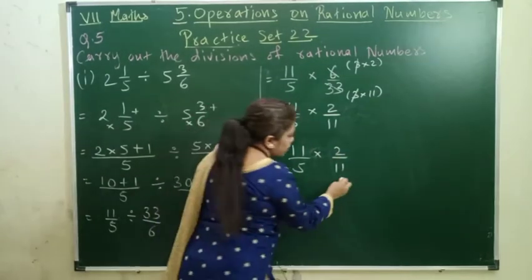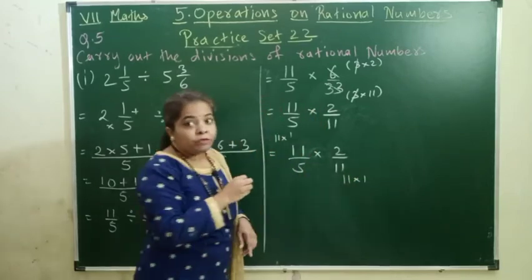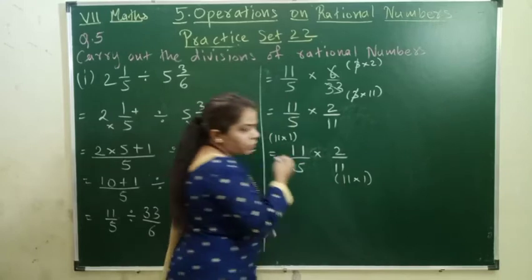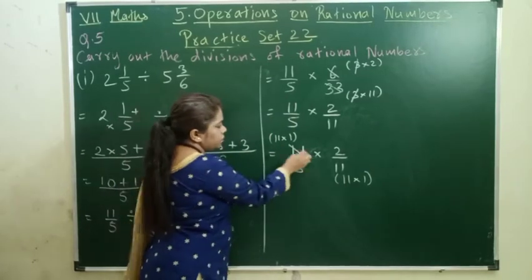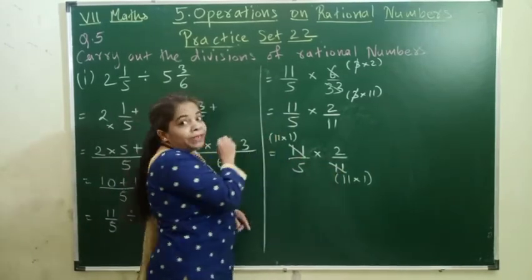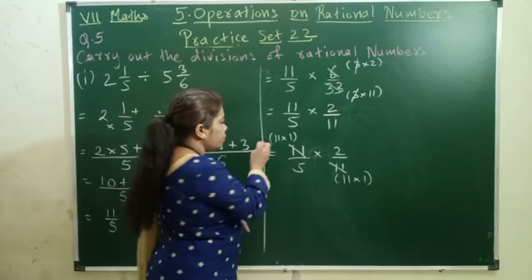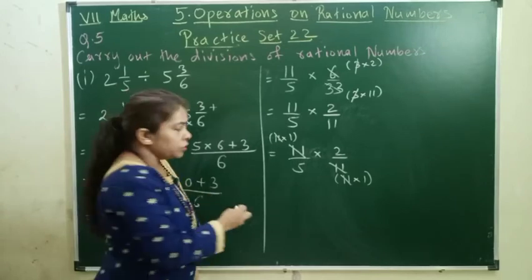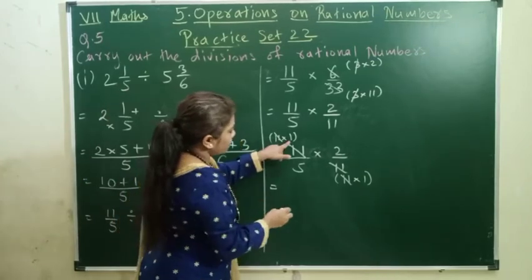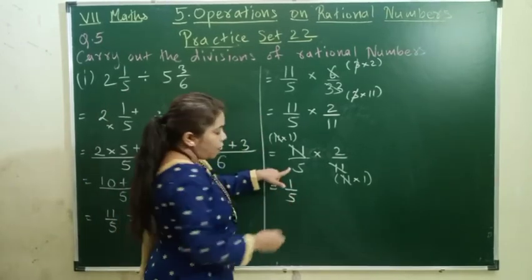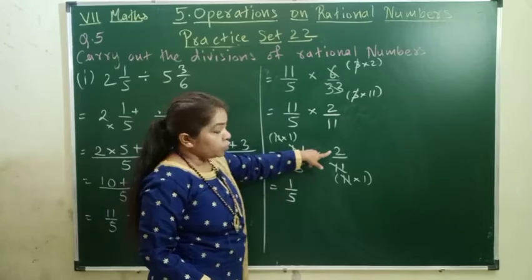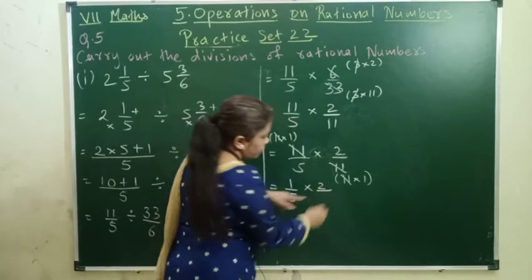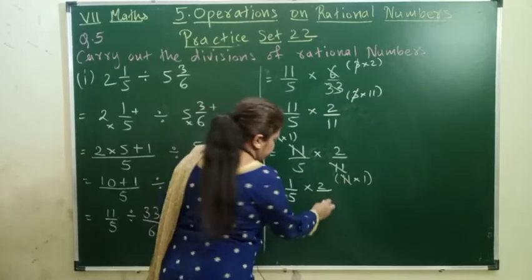11 ones are 11. We'll cancel them, children. This common table 11 will cancel now. What is remaining? That we will write: 1 upon 5 and here 2 is remaining, and 1 is remaining.